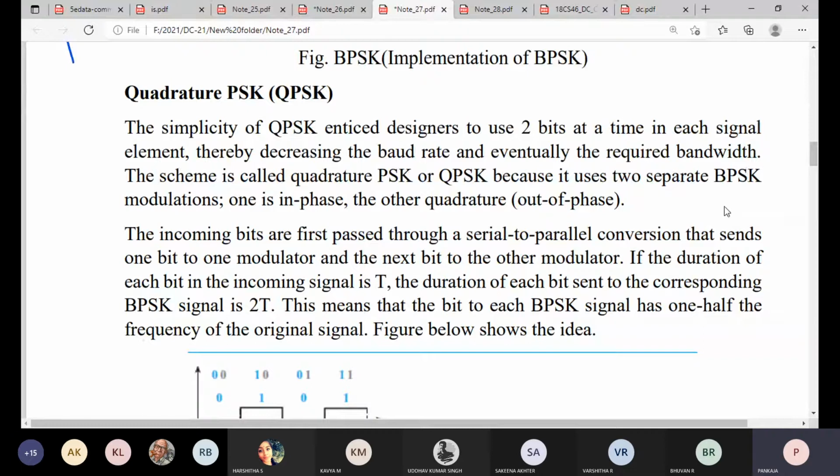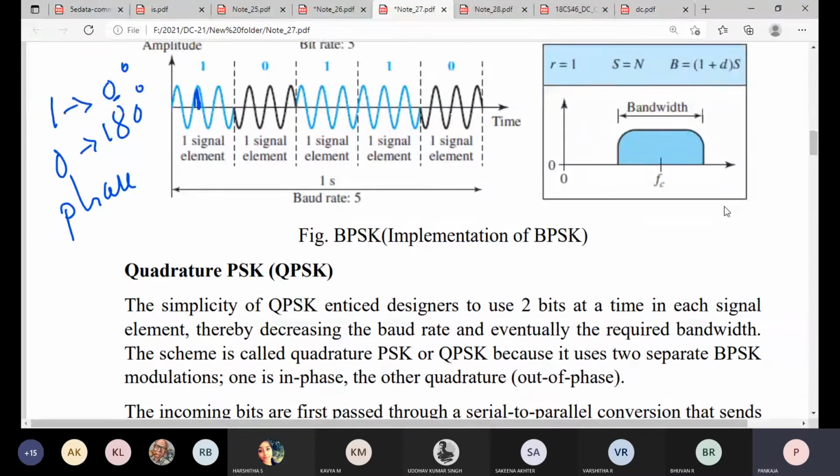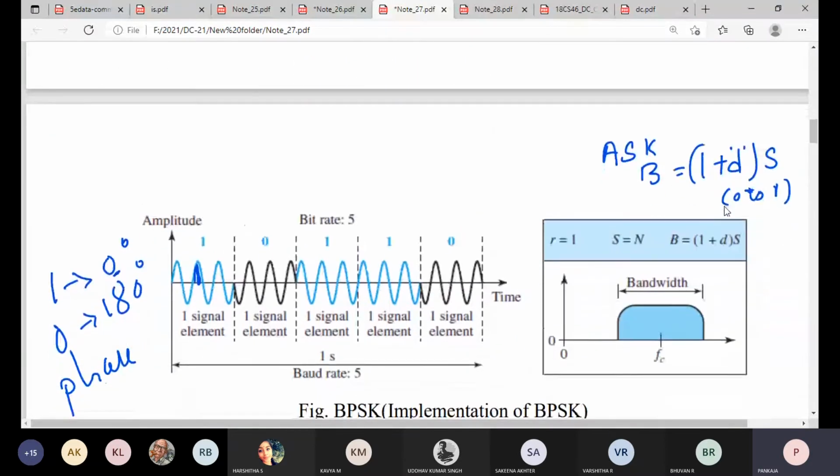That means whatever we discussed in the previous diagram, where a single data element is carried by a single signal element, we will now change: we'll use a single signal element to carry 2 bits.